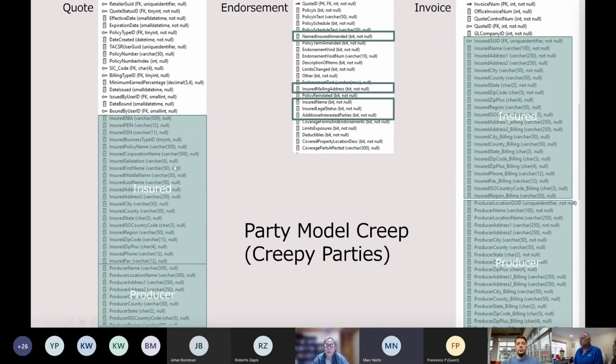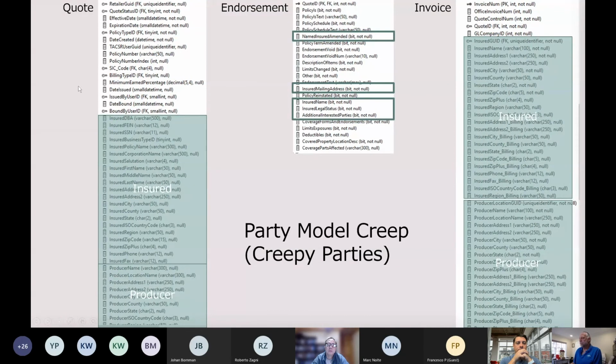And what you can see in this scenario is that I've got 3 tables, each with a copy of the insured name and other different elements in it. Now, when these things get changed, we have all sorts of challenges keeping everything in place.